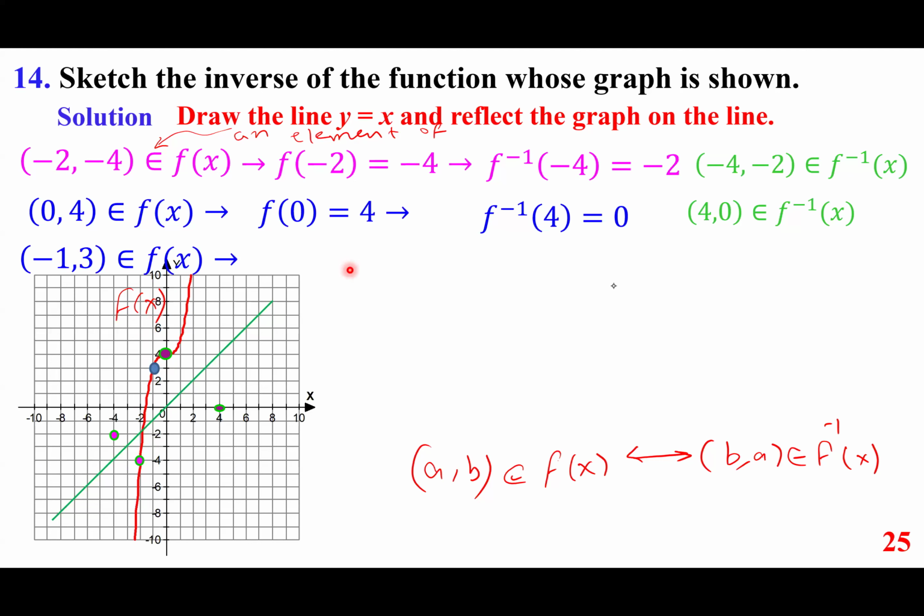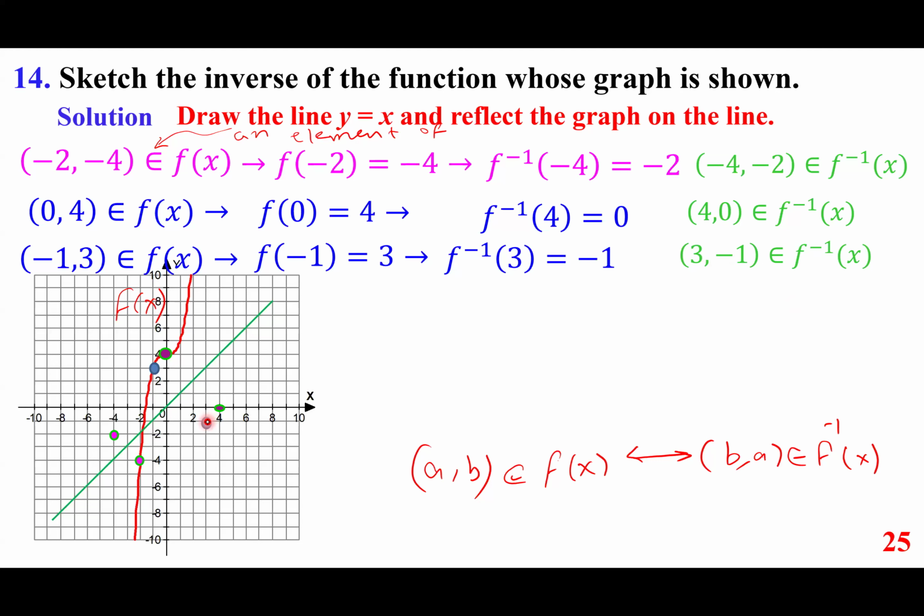So again, to elaborate on that, we write f of negative 1 is 3, which means f inverse of 3 must be negative 1, which means, as I said in the beginning, 3 comma negative 1 belongs to the inverse. And so you locate 3 comma negative 1. This is 3 and coming down by 1 unit is that. And if it's not enough, you can always look for more points.